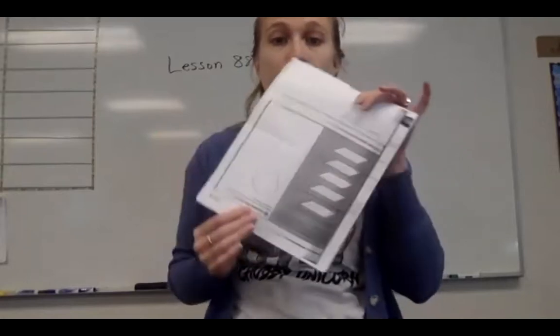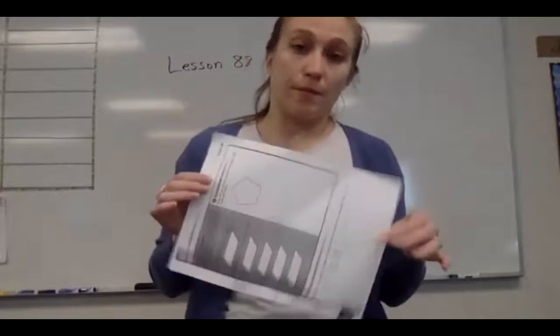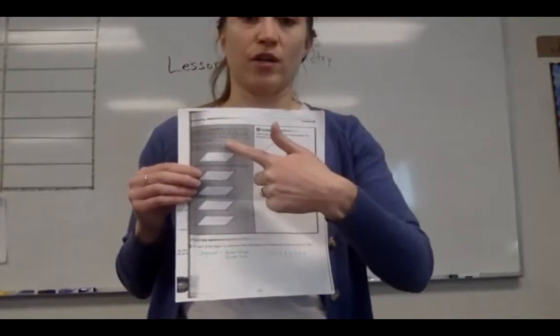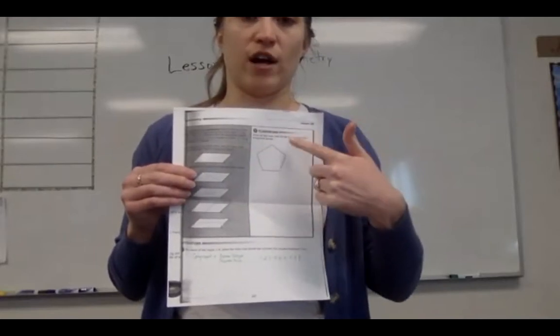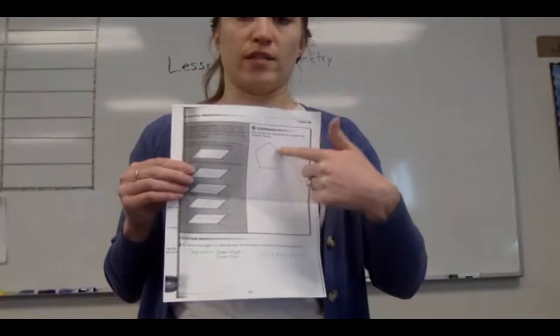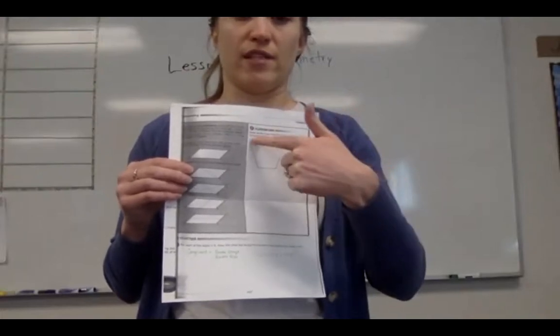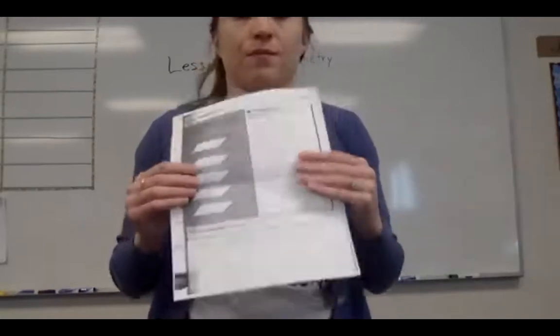And if I were to turn it, I could fold it again and again and again, okay? So you're just going to draw a line down the middle. You're going to draw a line dividing this side. You're going to draw a line from this point dividing this side, and then from this point dividing this side, and this point dividing this side. So that's all you're doing for that.